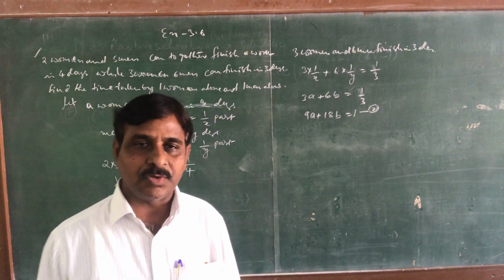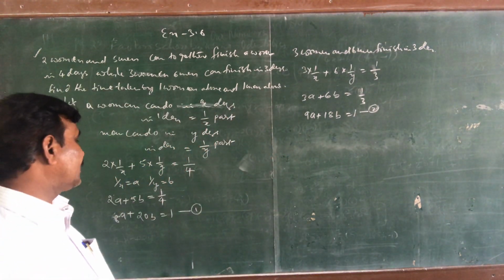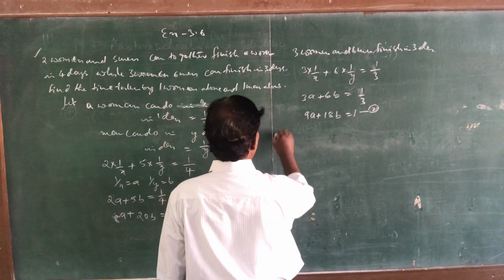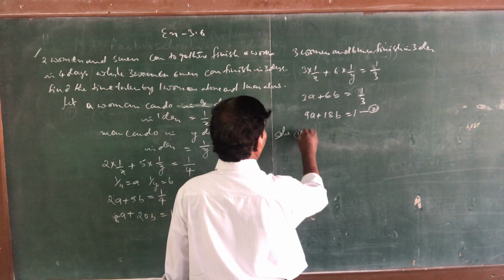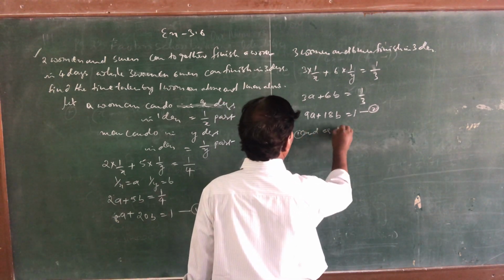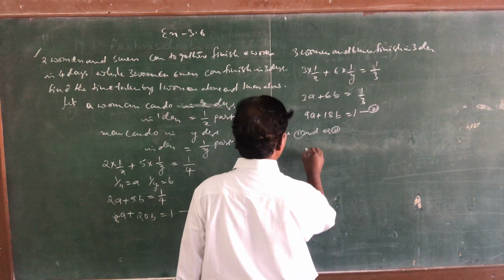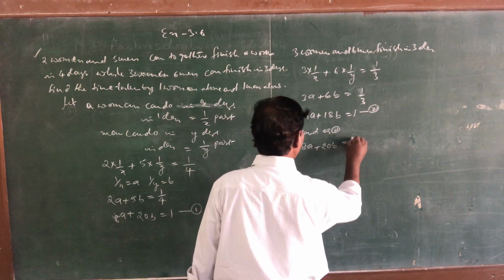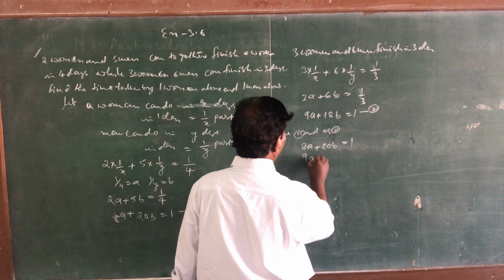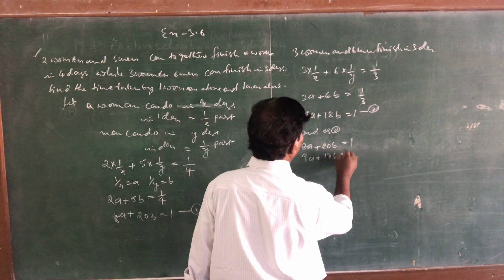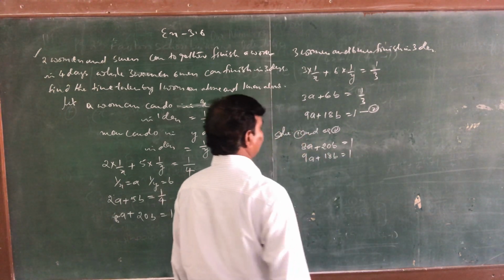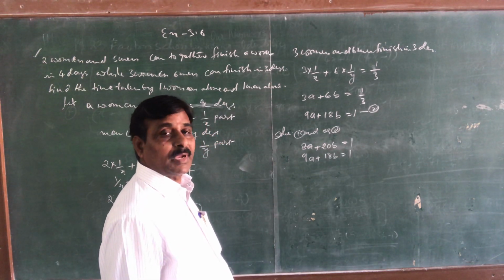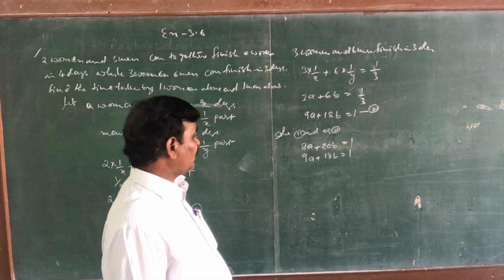So we got the first equation and also the second equation. These two equations we have to solve: 8A plus 20B is equal to 1, and 9A plus 18B is equal to 1. To make the A coefficients equal, why do we have to do that?